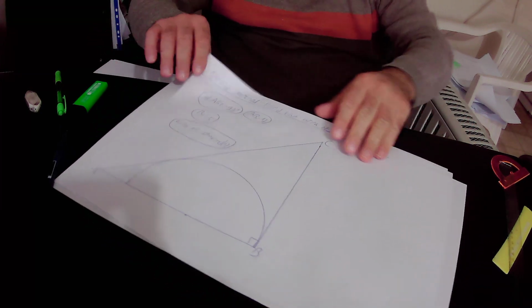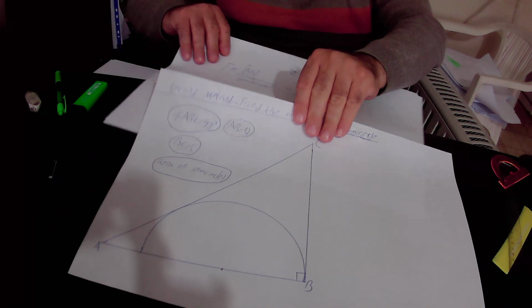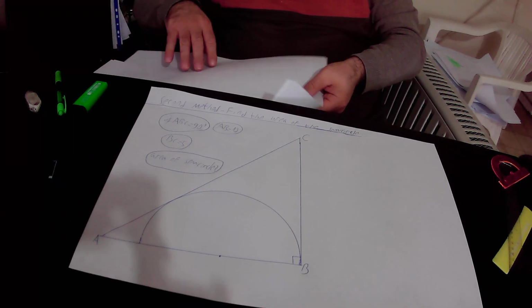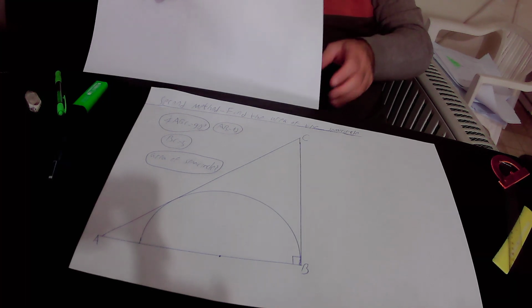In the second method, we used the two tangents theorem, or rule number 2.